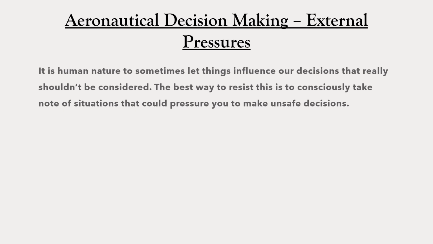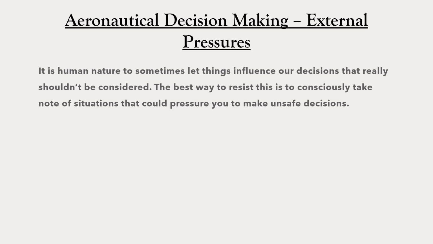So the last topic we're going to cover today is the external pressures situation. It's human nature to sometimes let things influence our decisions that really shouldn't be influencing our decisions.